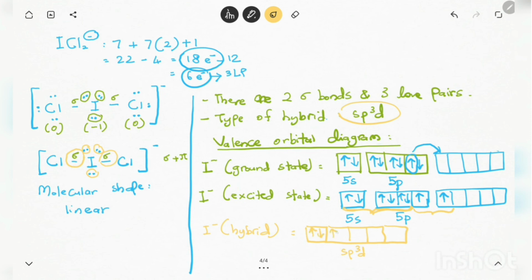So 3 lone pairs and 2 unpaired electrons. The valence orbital diagram for chlorine is 7 electrons in 3s and 3p.